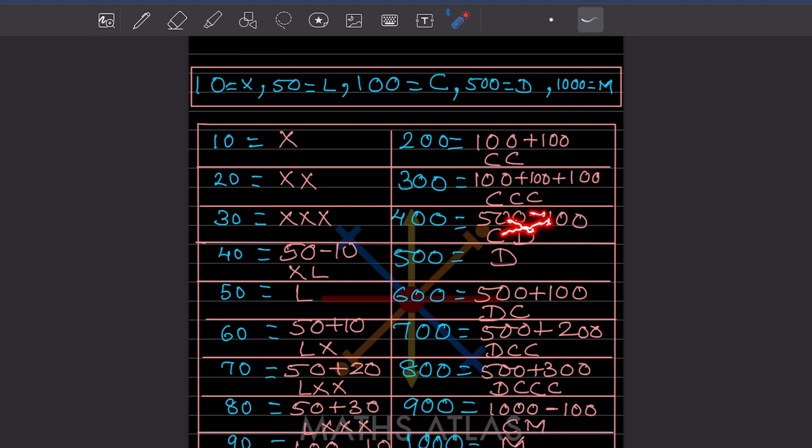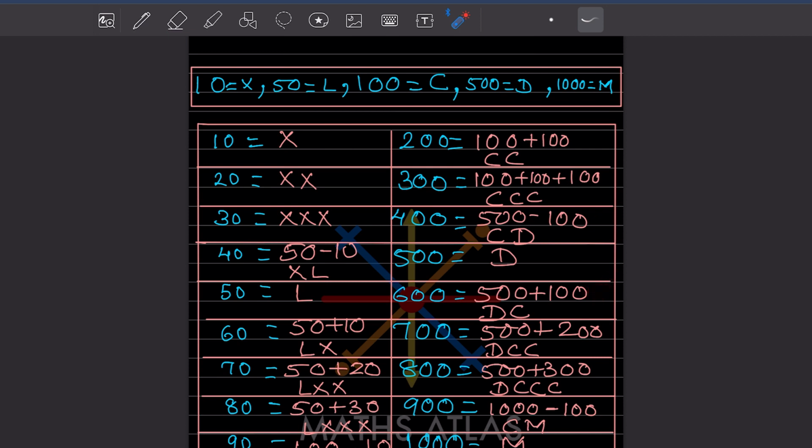Now 100 means C and 500 means D. You are going to cross it so that it becomes easy for you. Remember the cross. So what should you write in the start? I know this one. C should be at the start and then D. So 500, as I told you, you have to remember that is D. Then 600 is 500 plus 100.